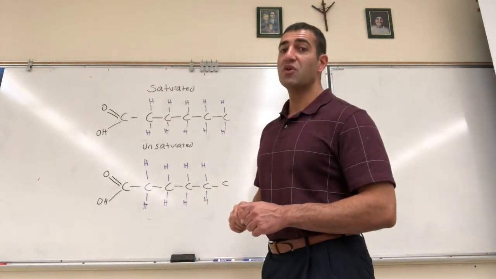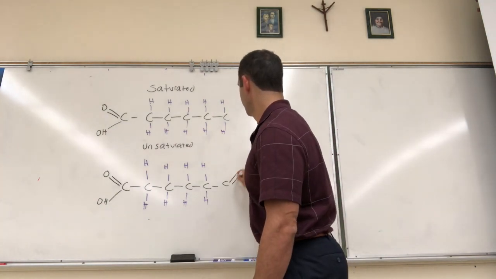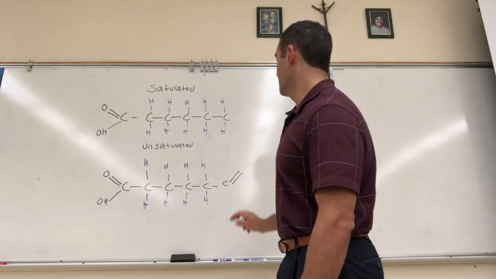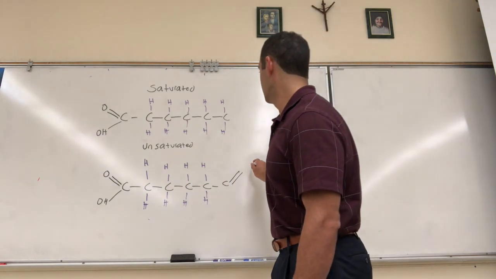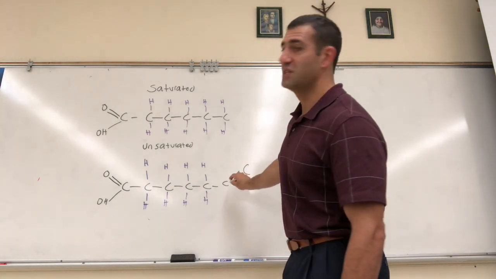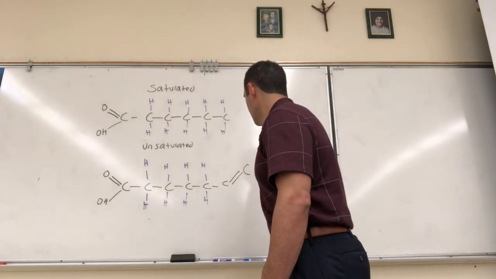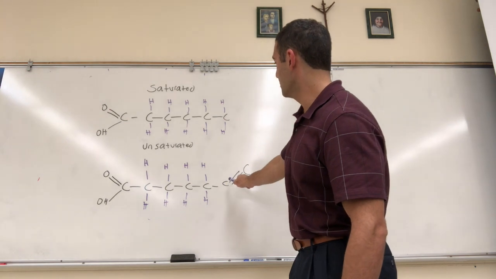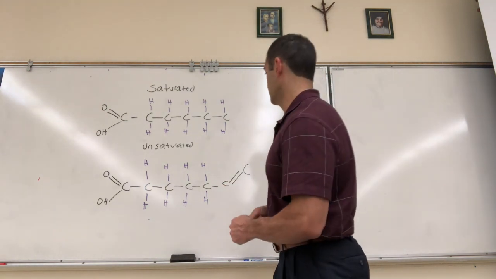It's going to have periodic carbon-carbon double bonds. Now what's going to happen with this carbon-carbon double bond is it's only going to be able to bond with one hydrogen, because we see that the carbon is double bonded. So we see here, carbon, carbon, double bonded with carbon, therefore it only has room for one hydrogen.